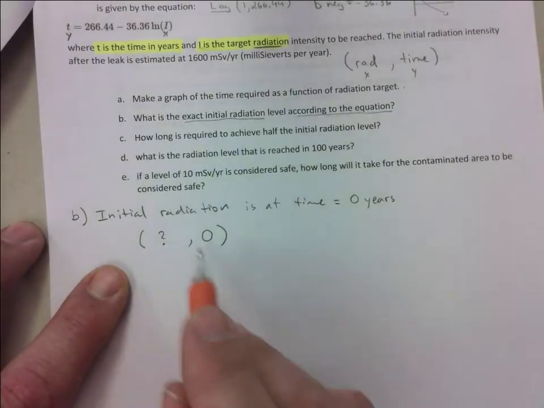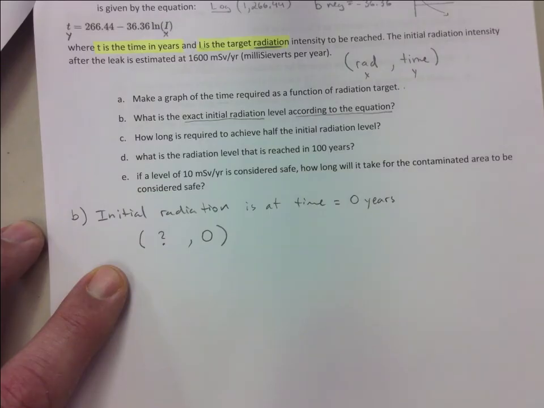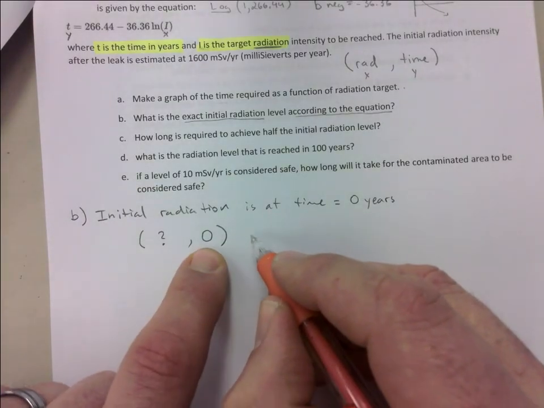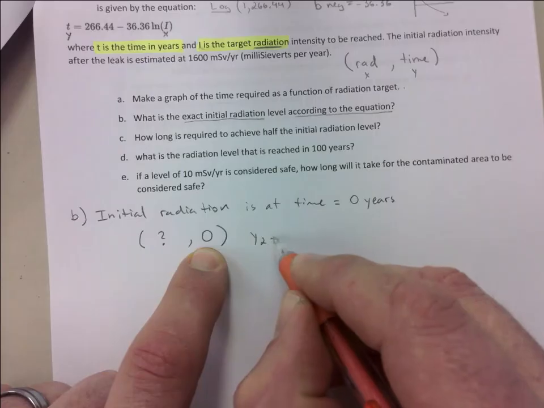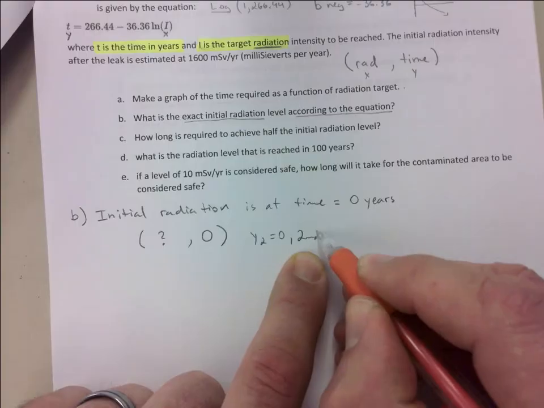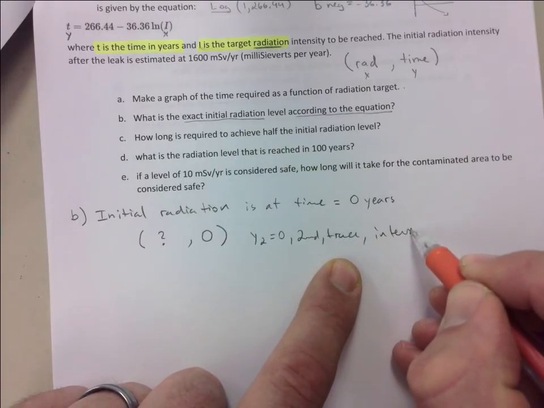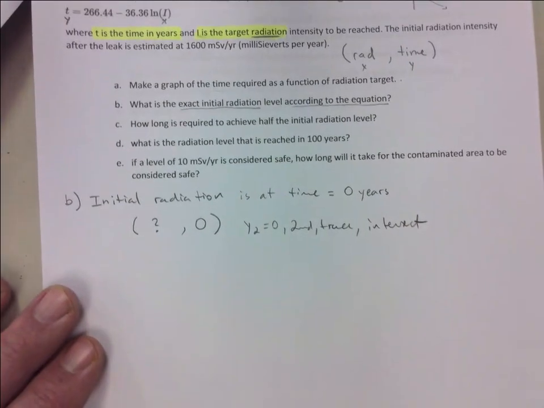What do we call this when y is equal to 0? X-intercept. But even if you didn't know that name, you just know that y2 is equal to 0. When you have the y value, put that into y2, second, trace, intersect. Just read.